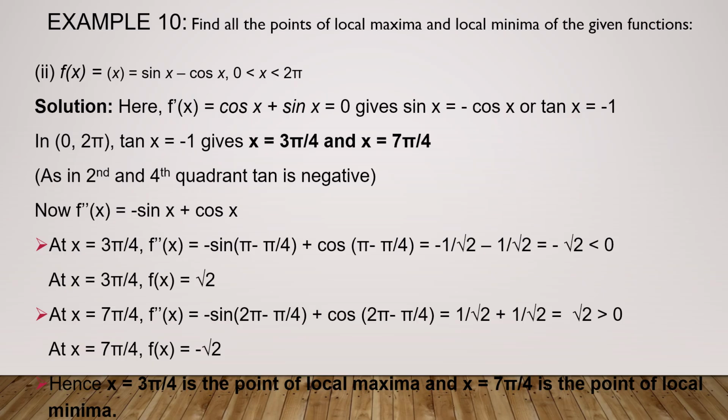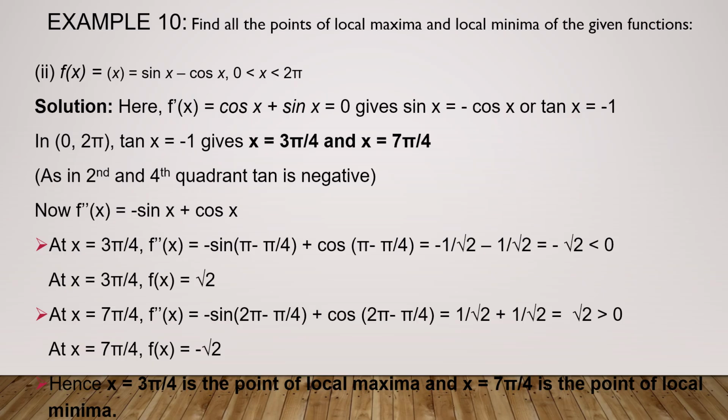In the second quadrant, sine is positive. So sin pi by 4 is 1 upon root 2, but outside there is a minus sign, so it is minus 1 upon root 2. For cos, in the second quadrant, cos is negative. So cos pi by 4 is 1 upon root 2, but you will get a minus sign, so it is minus 1 upon root 2. So that is minus root 2, which is less than 0.